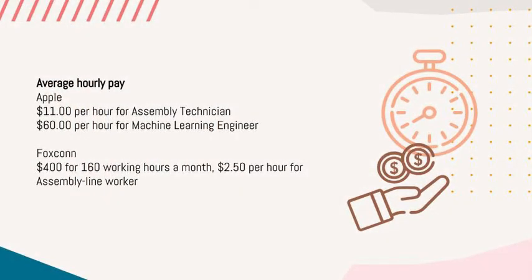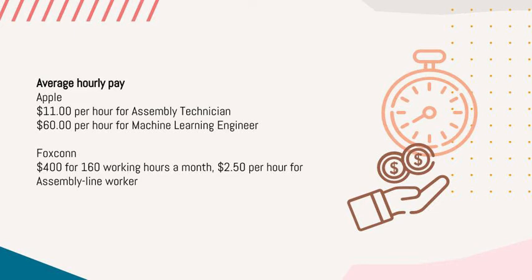Now I would like to briefly talk about the average hourly wages at Apple in the USA and Foxconn in China. As you can see, average Apple hourly pay ranges from approximately $11 per hour for an assembly technician to $60 per hour for a machine learning engineer.